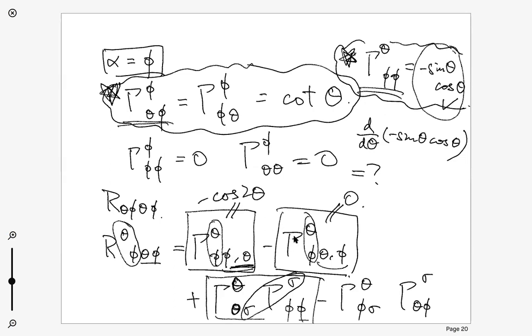So the first term here is 0. So the whole thing would be 0, because no matter whether sigma is theta or sigma is phi, we don't have non-zero terms up here to make it non-zero. So the whole thing would be 0. Let me erase this and say that this is equal to 0.